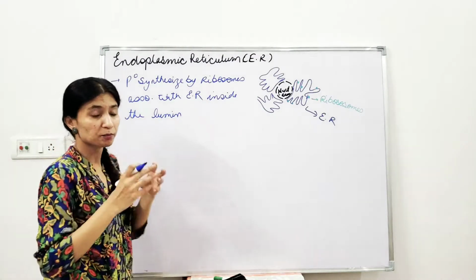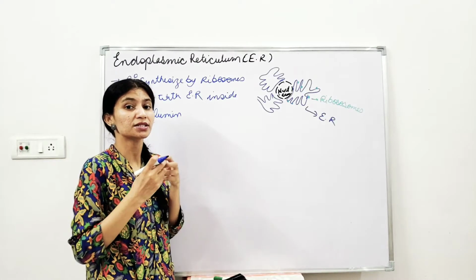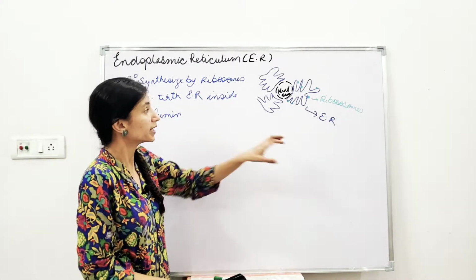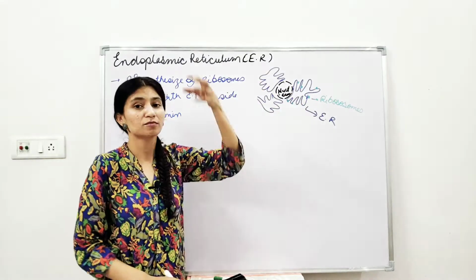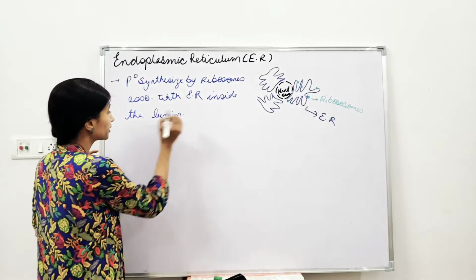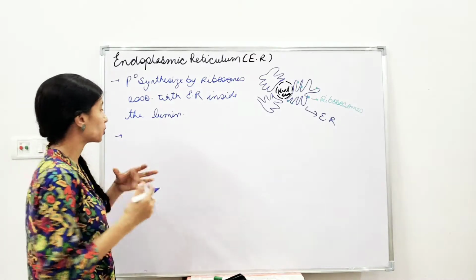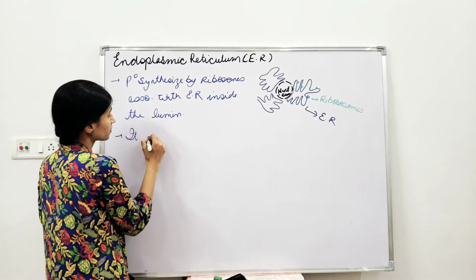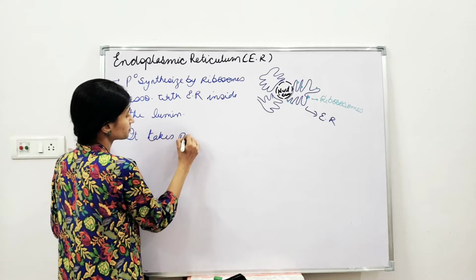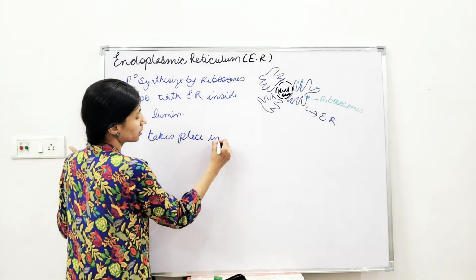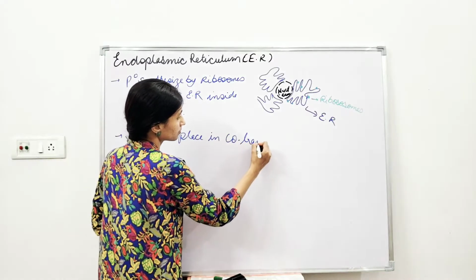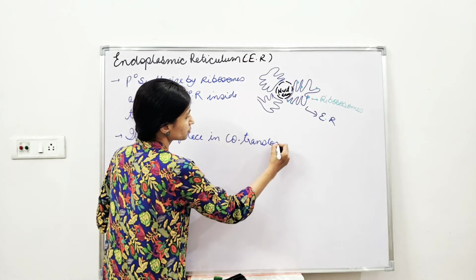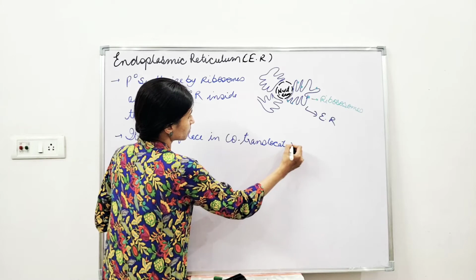This means the formation or production of the protein takes place inside the lumen of the endoplasmic reticulum when the ribosomes attach onto them. And it takes place in the co-translocation process.